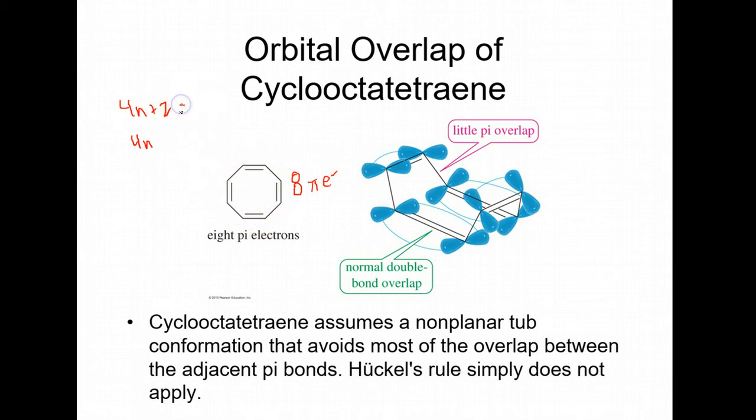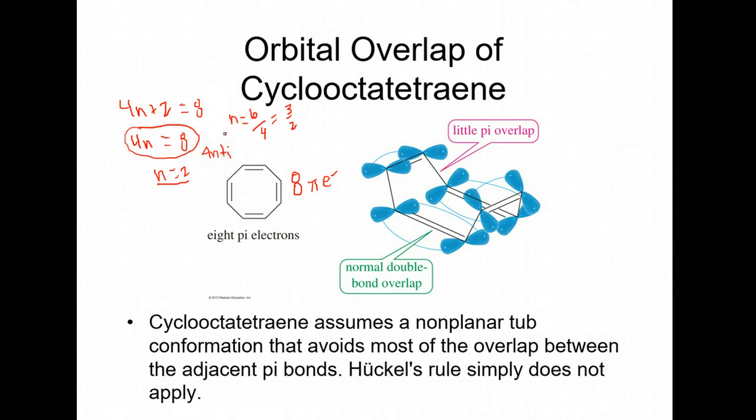If I set 4n plus 2 equal to 8 and solve for n, n equals 6 over 4, which is 3 halves, not a whole number. In the other case, 4n equals 8, n equals 2, a whole number. So it's following the 4n equation, which is anti-aromatic.